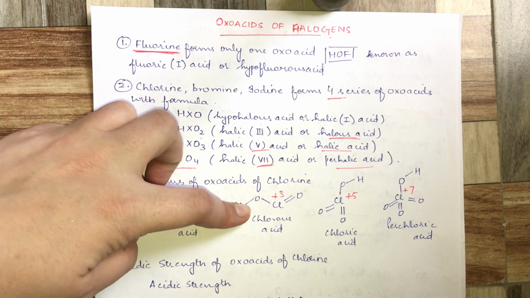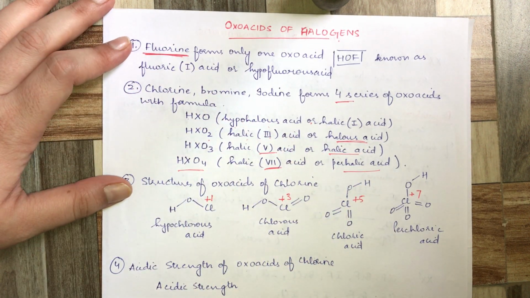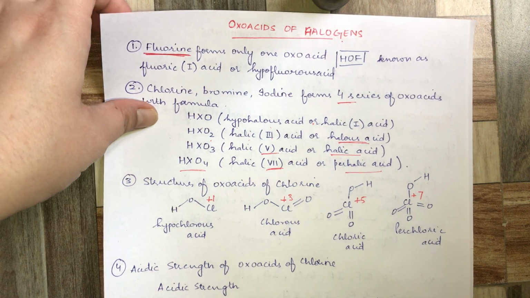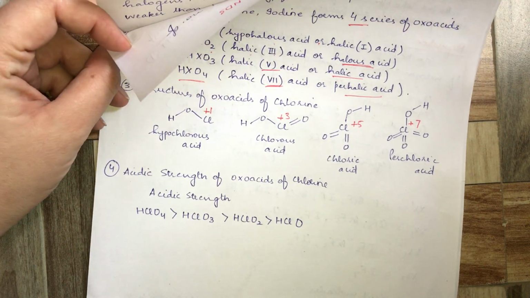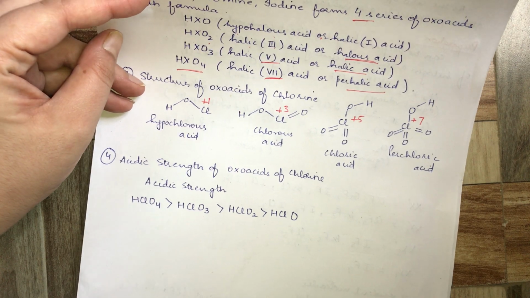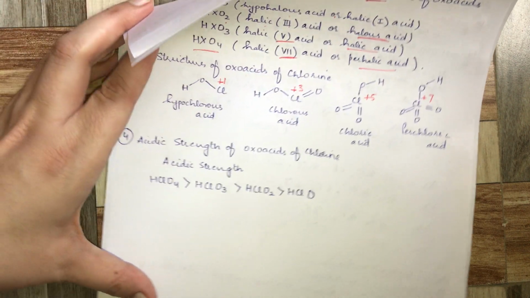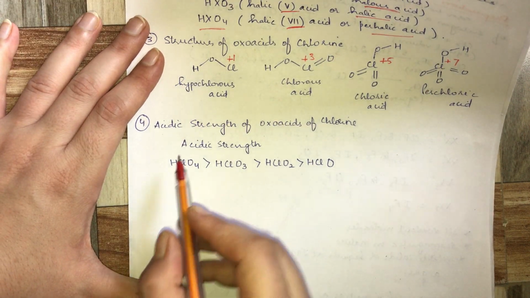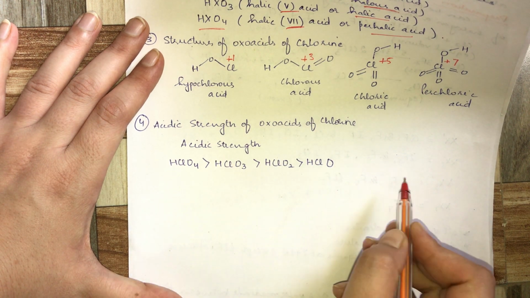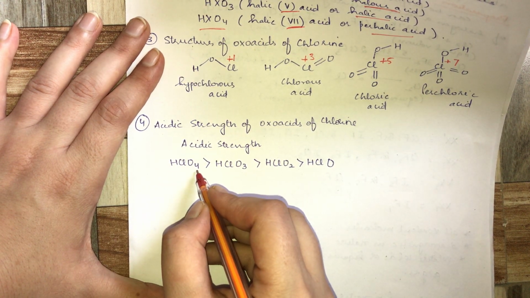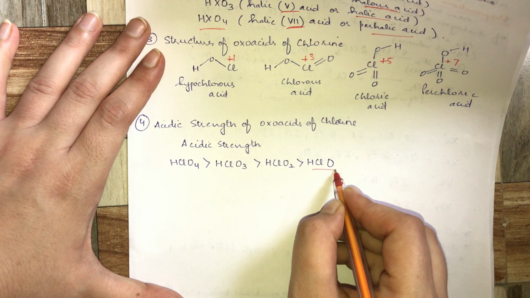Hypochlorous, chlorous, chloric and perchloric acid. If you're talking about acids, obviously we have to talk about the oxo acids and their acidic strength. The most acidic among these oxo acids is HClO4, the least is HClO.